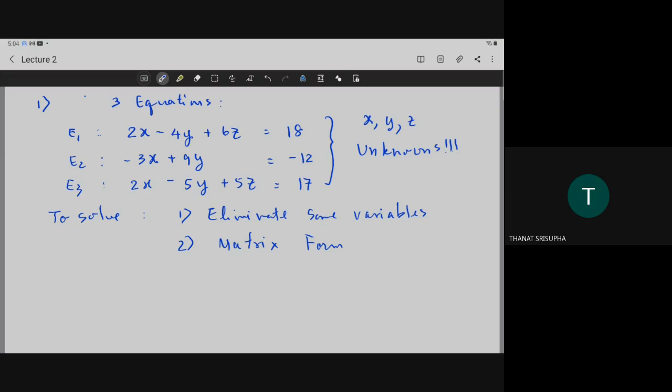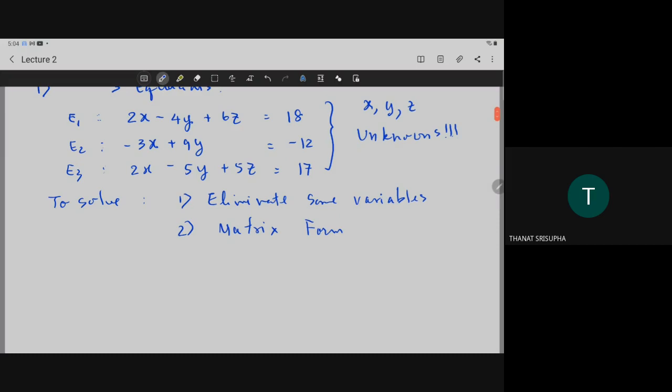In general, say we have n unknowns. My writing is not so good on the tablet. Let me do it this way. Maybe it's better. So let's say we have n unknowns.